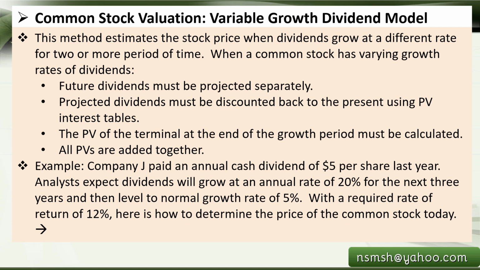Analysts expect dividends will grow at an annual rate of 20% for the next 3 years, and then level off to a normal growth rate of only 5%. With a required rate of return of 12%, that is, the expected rate of return or cost of capital is 12%, here is how to determine the price of the common stock today.